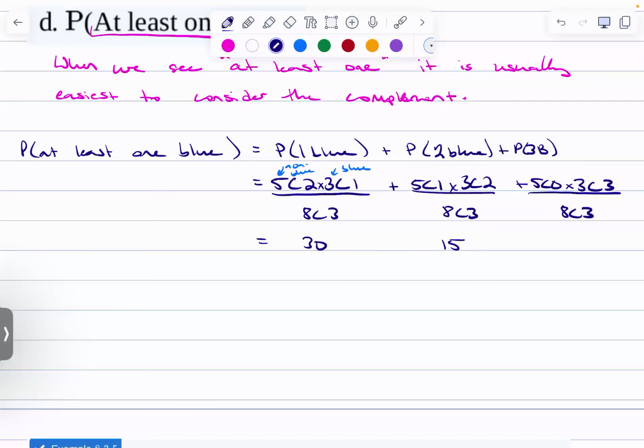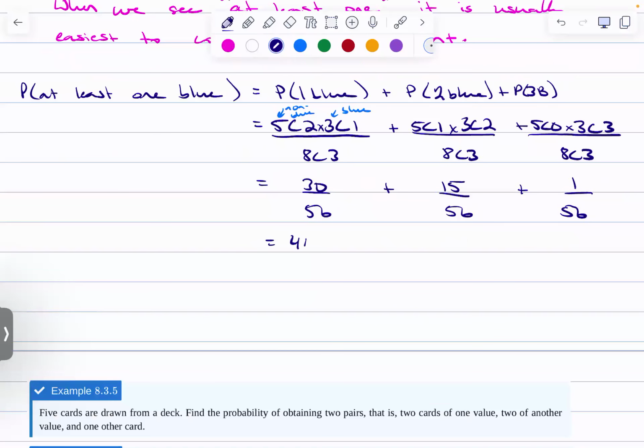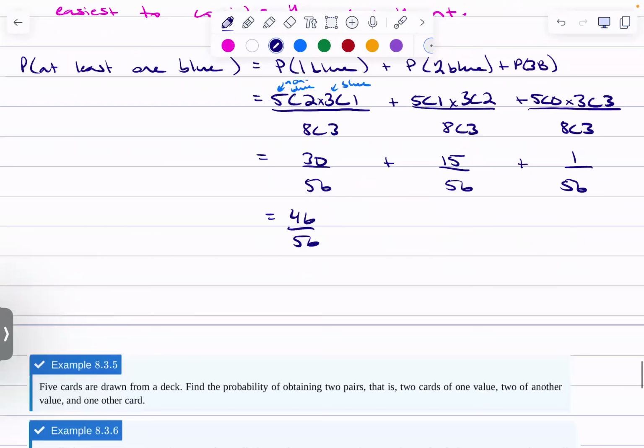And 3 choose 3 is 1, all over 56. 30 plus 15 plus 1 is 46 over 56, which is roughly 0.8214285714.